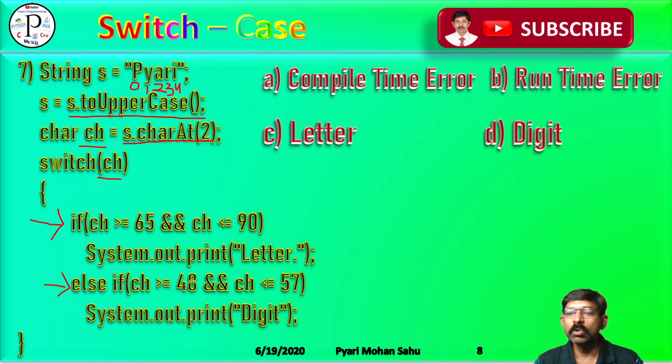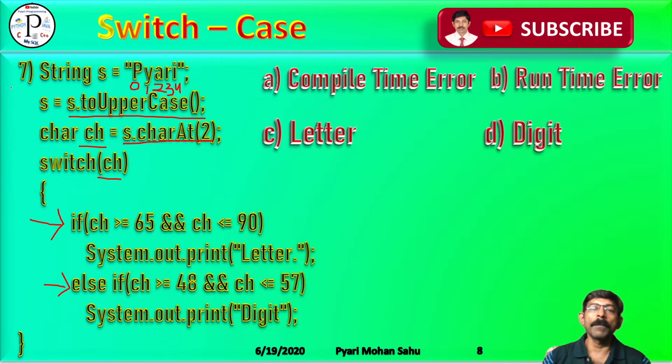7A, as no statement can execute without case or default. Sir, output is letter. No, not letter. Okay. So the correct answer is compile time error. The correct answer is 7A, compile time error.